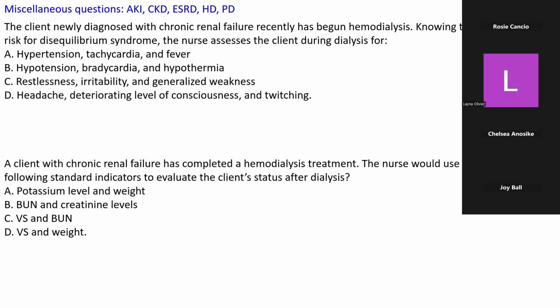And as a result, water goes into cerebral cells. So the water will gush into the brain cells because of this osmotic gradient, and it will result in brain cell swelling and edema, like cerebral edema.